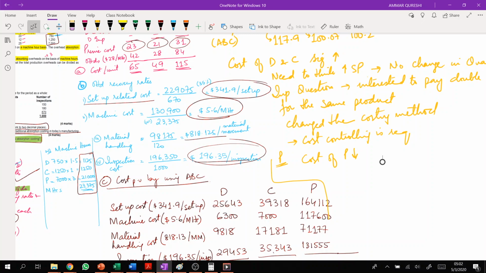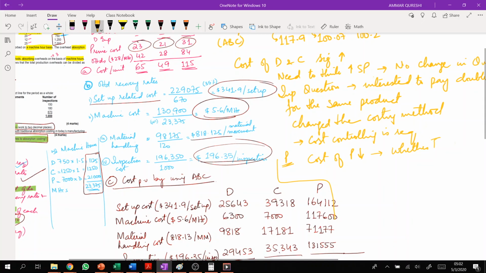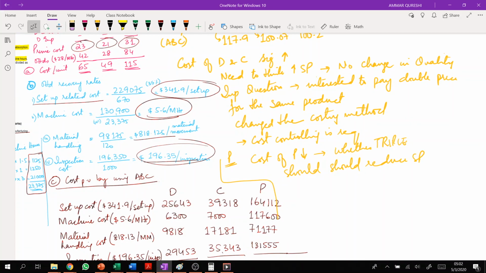The cost of product P has been reduced. Now, the question is whether the company, Triple Limited, should reduce the selling price as a result, right? It's very important to understand this point.